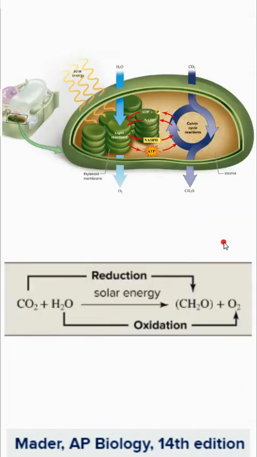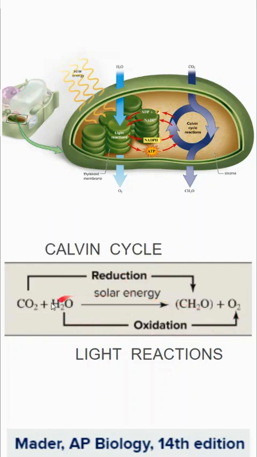So as we keep moving on here, again, we break this down into two sets of processes, the light-dependent reactions. And it's in these light-dependent reactions where the water is coming in and we're getting oxygen out. So that's our water and our oxygen. As we get into our Calvin cycle, that's where our carbon dioxide is coming in and we're getting our carbohydrate out.